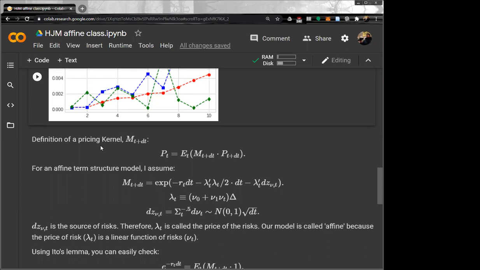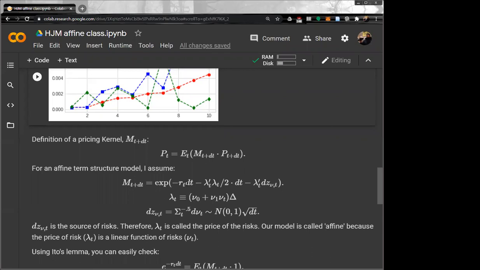The affine term structure model is one particular way of modeling the pricing kernel. It basically looks like this, though there are some variations. For the purpose of this class, I made this affine term structure model. It is simple, actually not that simple. So now we have stochastic calculus in continuous time. So the pricing kernel at T plus DT is basically the exponential of something.